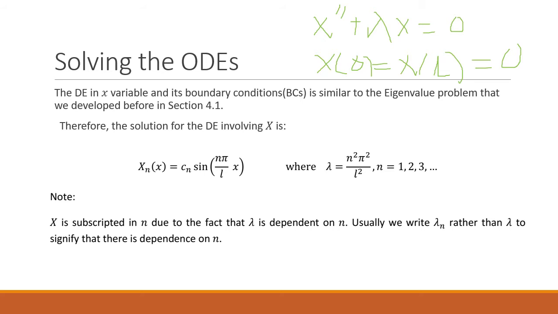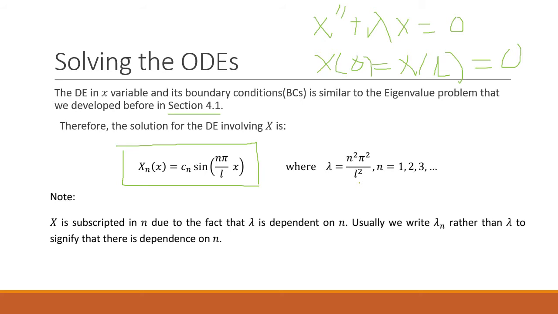Okay, this one is similar to the eigenvalue problem that we developed before in section 4.1. Yang ni refer balik section 4.1 dan kita dapat solution kita untuk yang ini adalah X equal to Cn sin(n pi x over L), where lambda equal to n square pi square over L square.